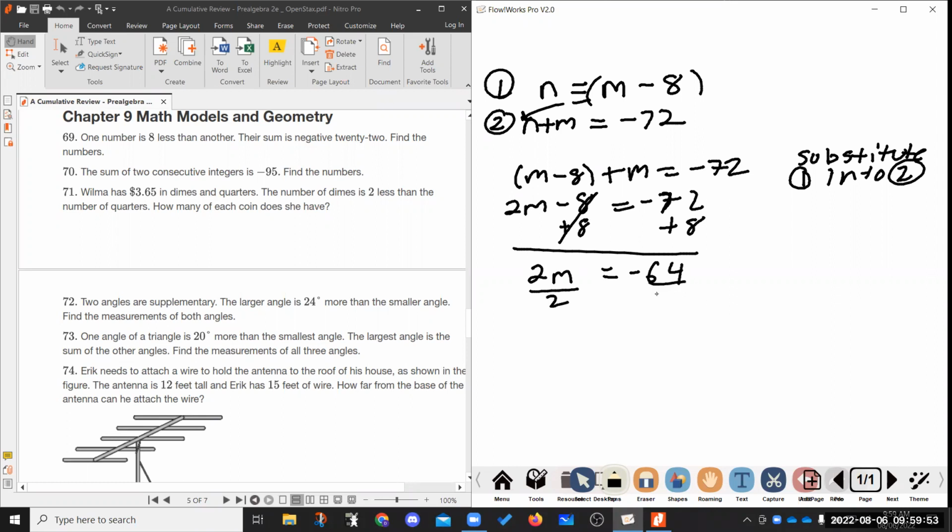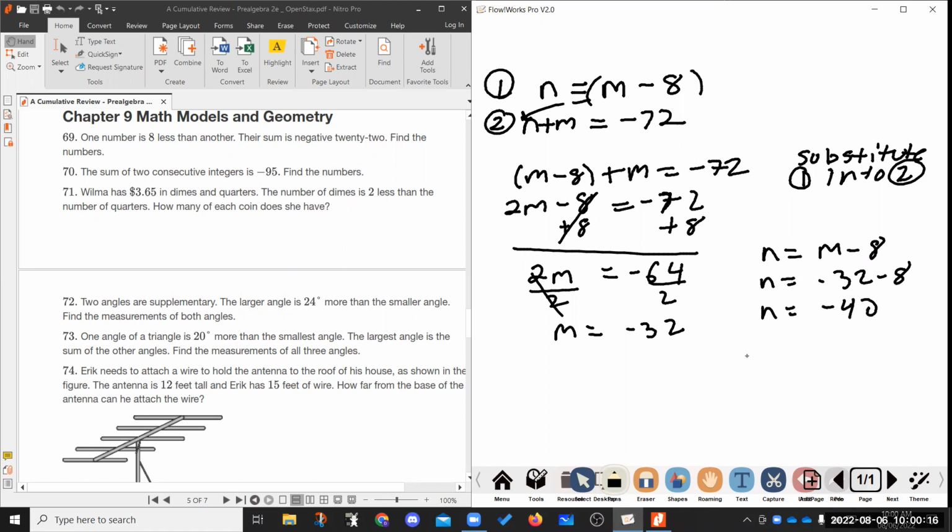Divide by 2, divide by 2. M is equal to a negative 32. Not done until we find both numbers. So n is equal to m minus 8, so n is equal to negative 32 minus 8. N is equal to negative 40.